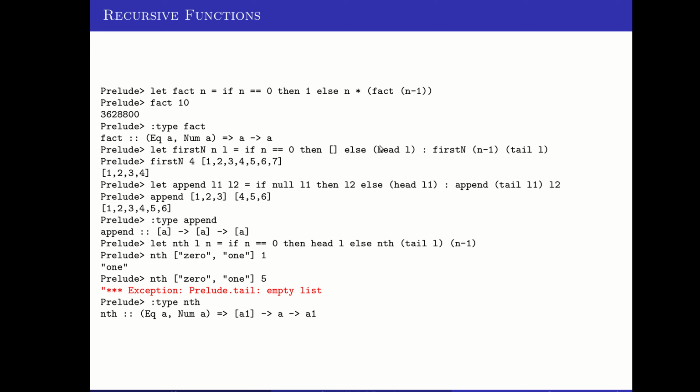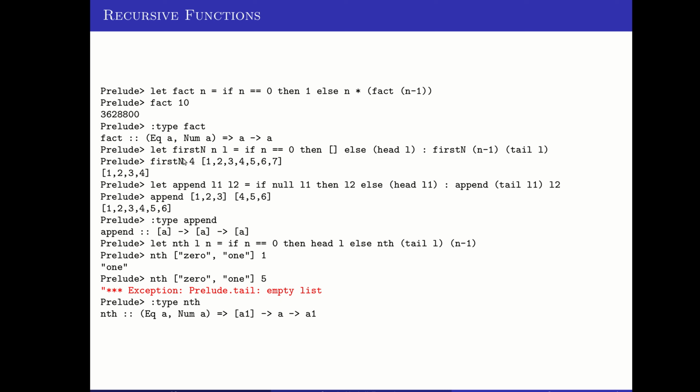So it's just going to grab the first thing and combine it with the recursive call on n minus 1 and the tail of the list. And it works just fine for giving it 4, and we get 1, 2, 3, 4 as a list from it.